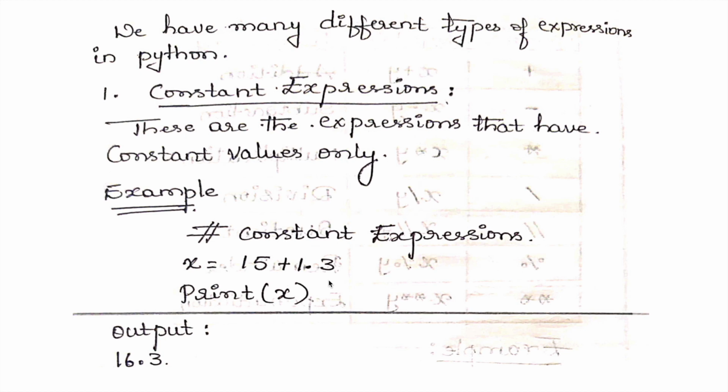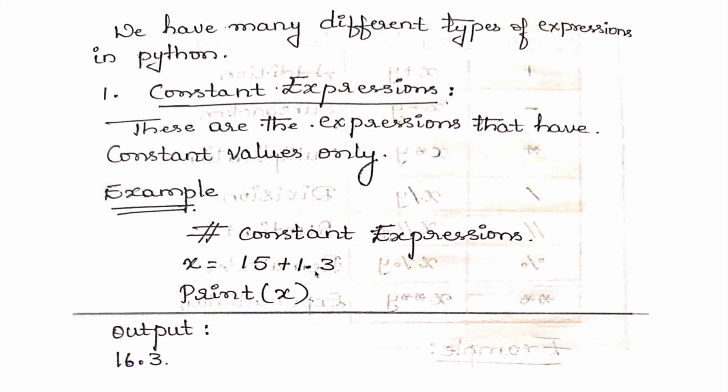The first one is constant expression. So what is a constant expression? These are the expressions that have constant values only. Now you can ask a question, sir, what is a constant? Constant means the value is not going to change. For example, you can see x is equal to 15 plus 1.3. 15 is a constant because the value 15 is not going to change. 1.3 is a constant because the value 1.3 is not going to change.